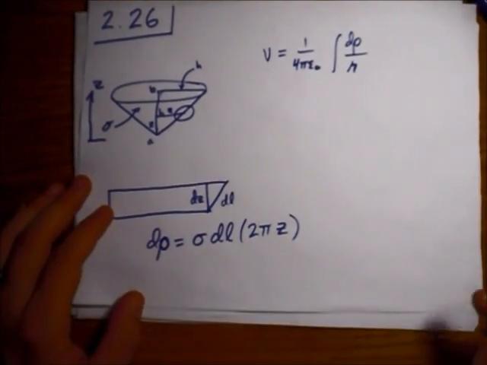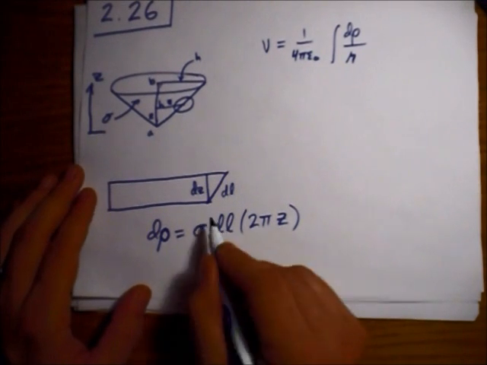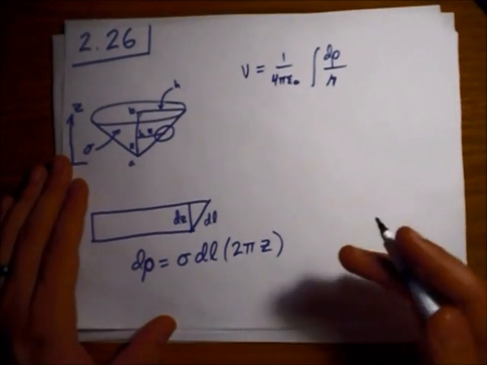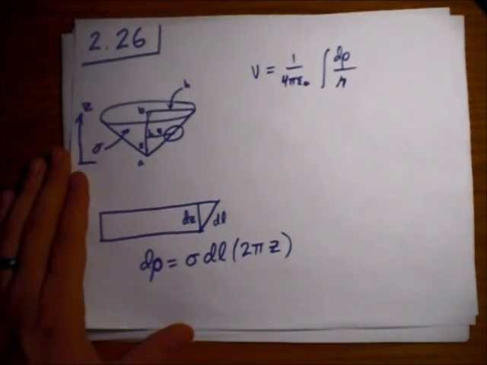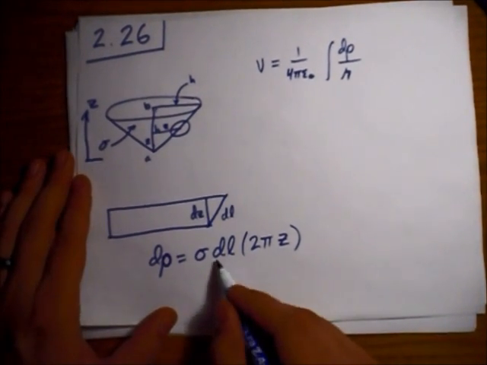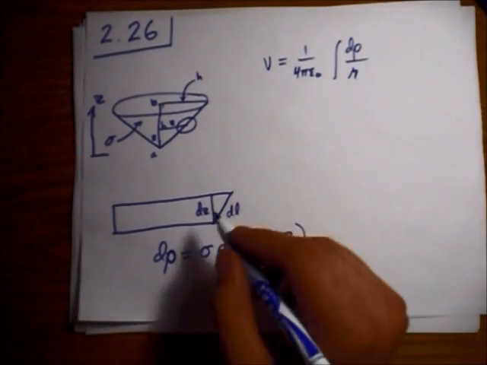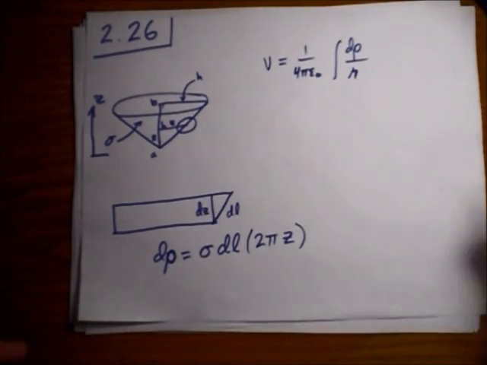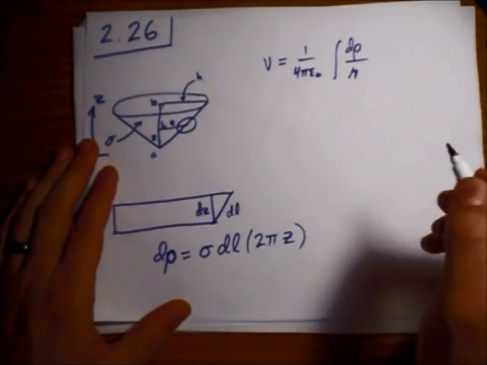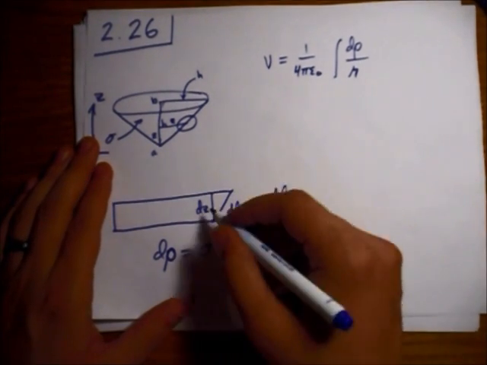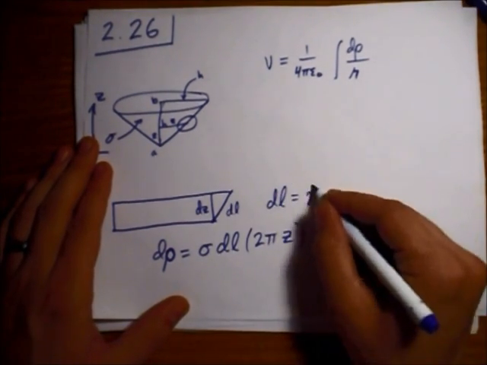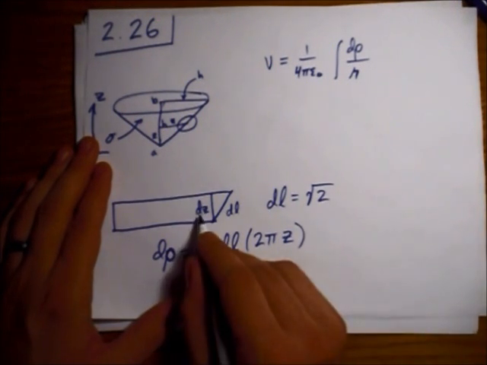That's our d rho. Since I'm going to be using z as the variable for my integration, I need to find dl in terms of dz. Just using the Pythagorean theorem, you memorize the 45, 45, 90 triangle, so you just get a square root of 2 multiplied by dz.